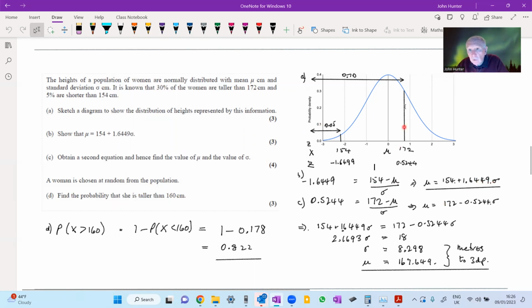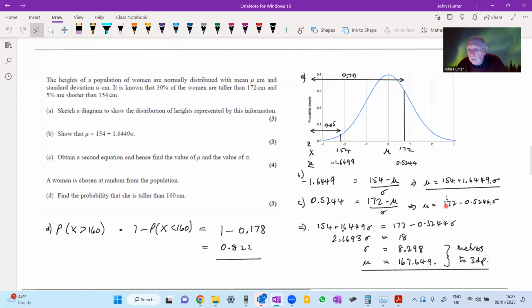We've also got the same thing applied to this value here, because we know the area, we can work back to the Z value, and that Z value is going to be equal to the X value minus the mean, which we don't know yet, divided by the standard deviation, for which we don't know the value, giving us another equation for mu.